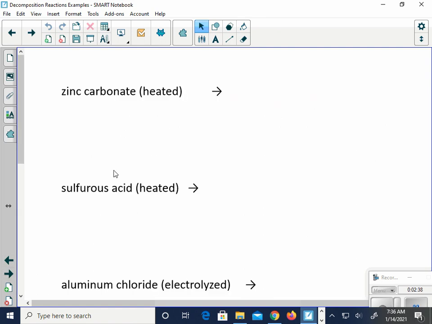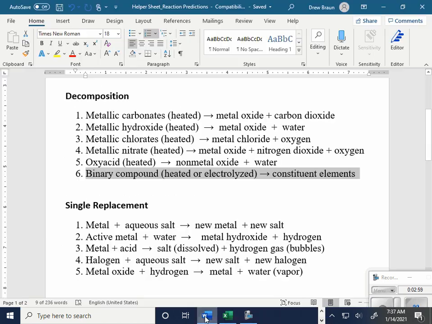As we come back up, let's look at this very first one. Go ahead and write that into your notes. Zinc carbonate. Now, as I'm dealing with zinc carbonate, I am going to first of all look and say, okay, I have a metallic carbonate heated.